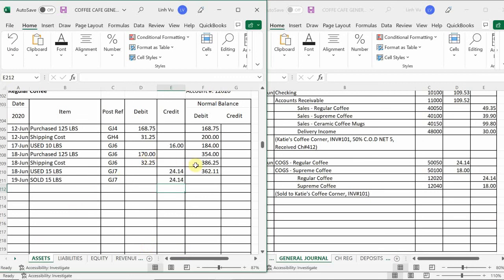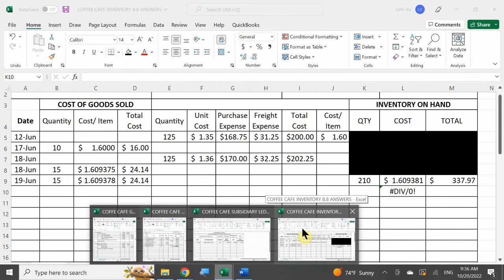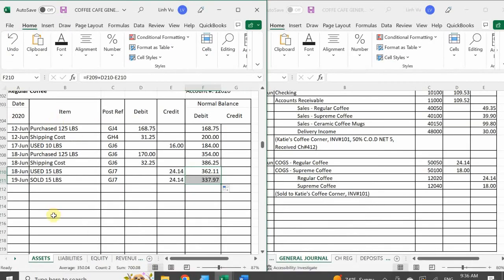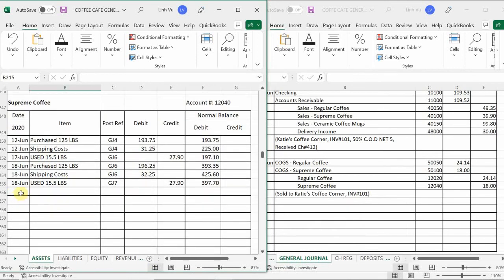So how much should I now have left in my inventory? $337.97. Good. And does that match your inventory worksheet? Yes, it does. What about my Supreme coffee?